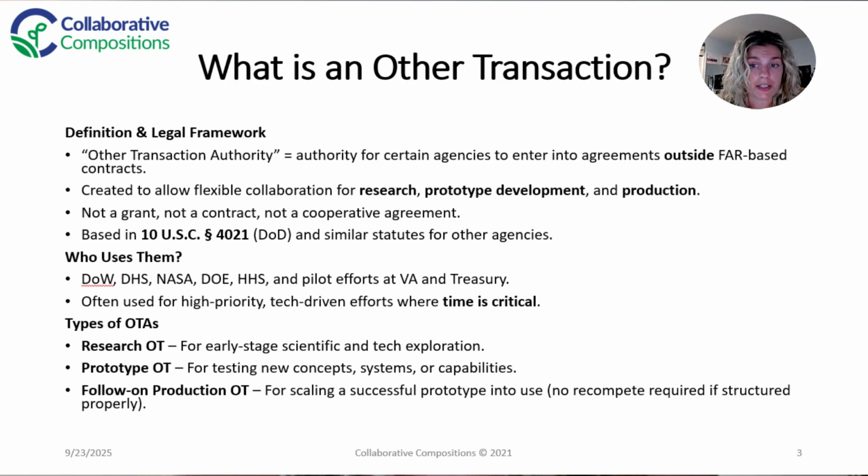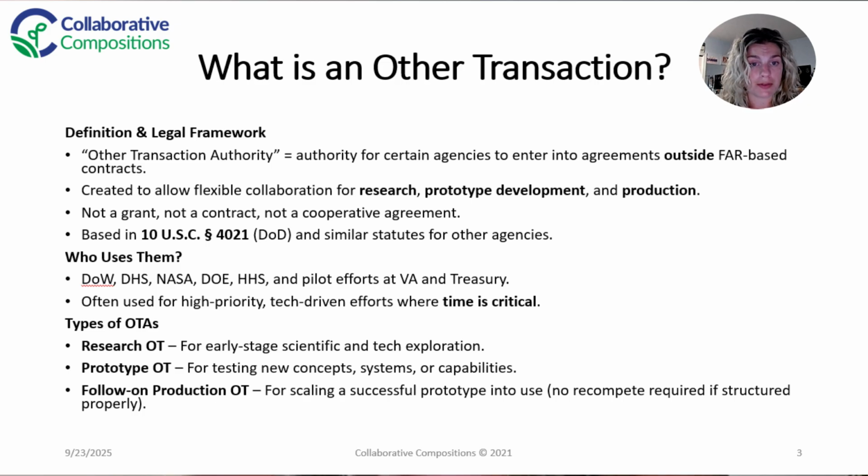Now, certain agencies use them. Not all agencies have the authority to issue other transactions. Most of them include the Department of War, DHS, DOT, HHS, and there are others with pilots going on right now for that authority. They are often used for things that are high priority or time-bound, where there's a distinct need to get whatever's being provided into the hands of the warfighters or the government customer faster.